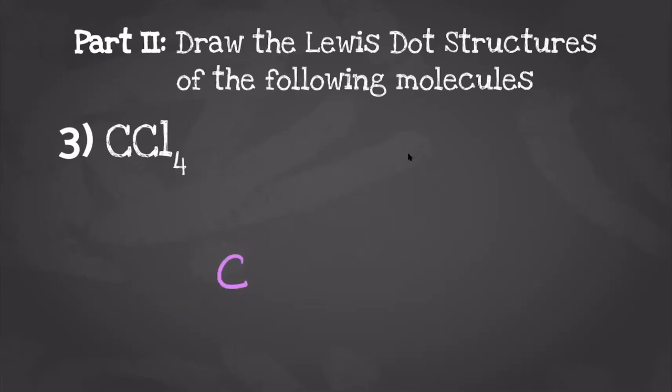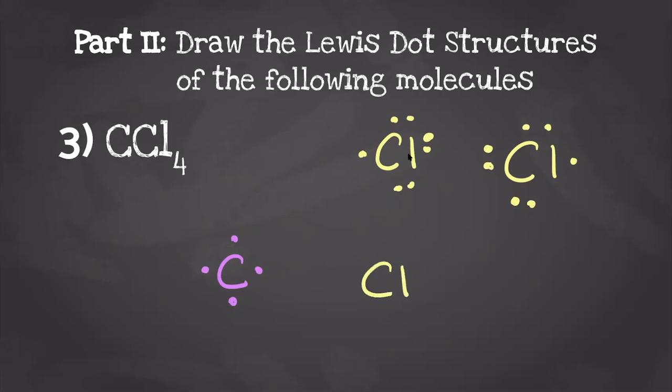Carbon is going to have 4 valence electrons, and each chlorine has 7: 1, 2, 3, 4, 5, 6, 7.